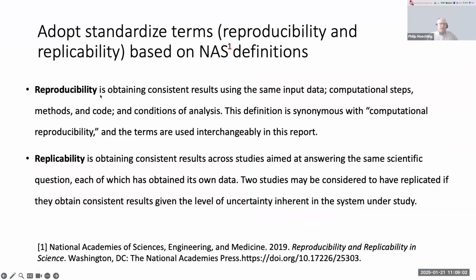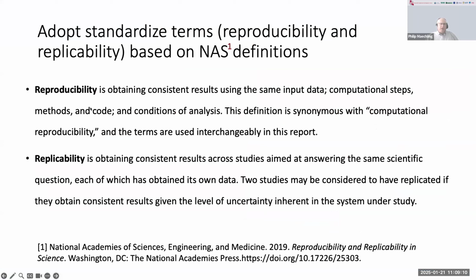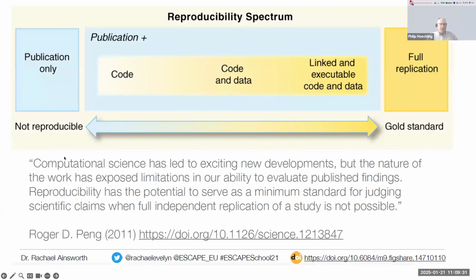I think this is the last topic on best practices: the idea of computational reproducibility. I want to start by noting that the terms reproducibility and replicability can be used in different ways. This National Academy of Sciences definition is a reasonable, referable one distinguishing between them. Again, there's a spectrum of reproducibility for research.